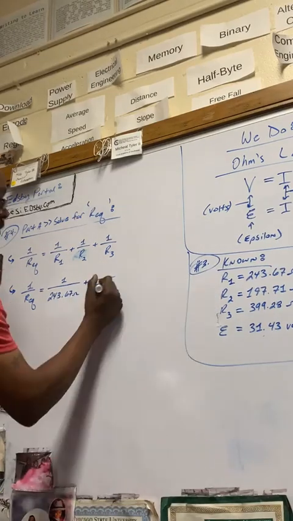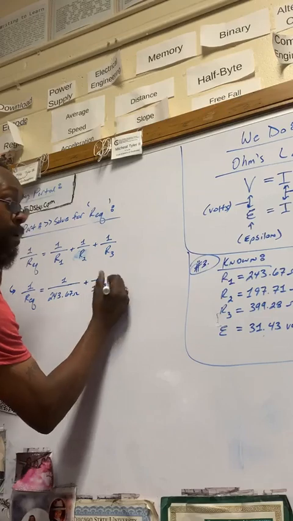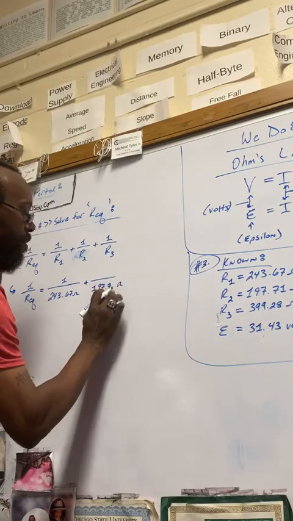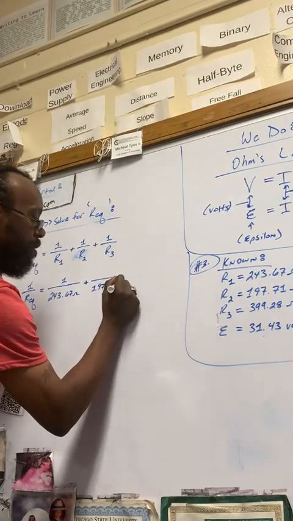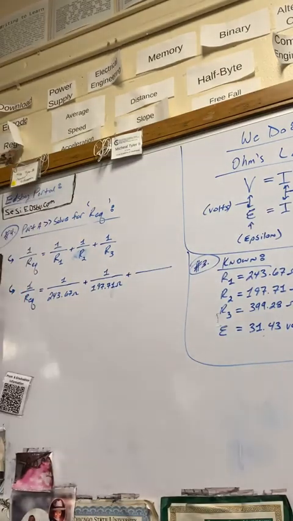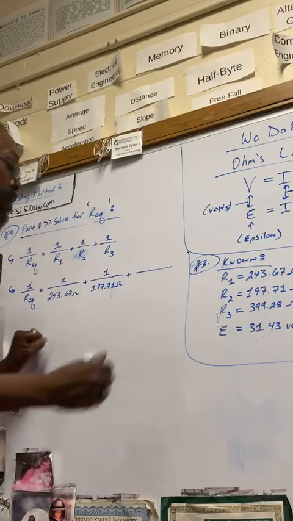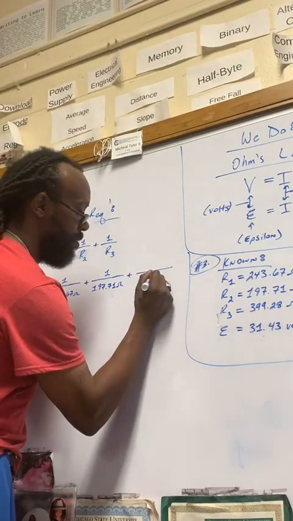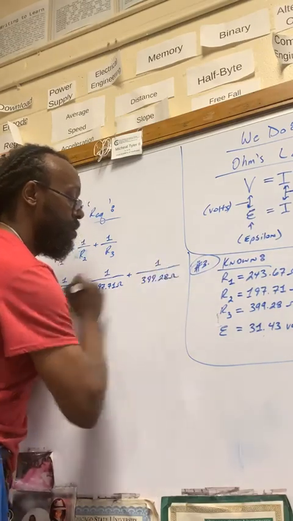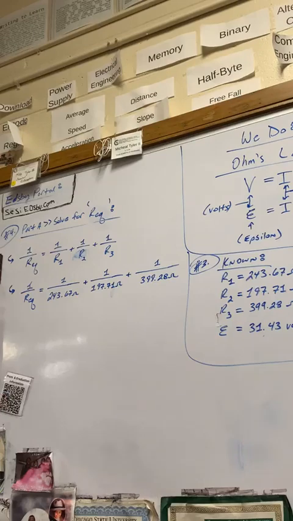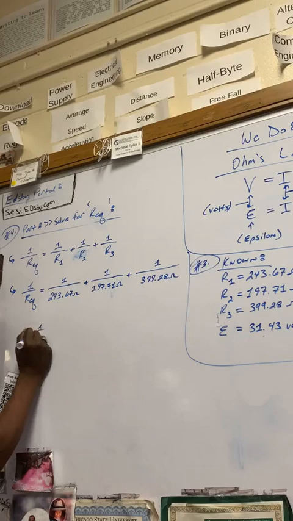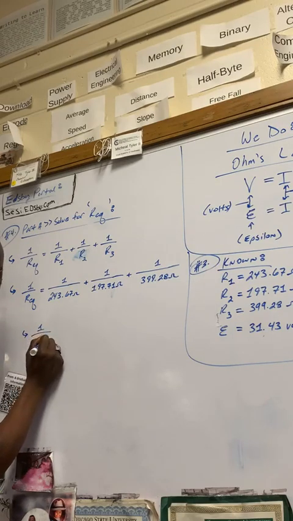We've got R2, and also R3 is on the bottom of this one. So now we calculate. You use the calculator's fraction mode to make that easy on you.